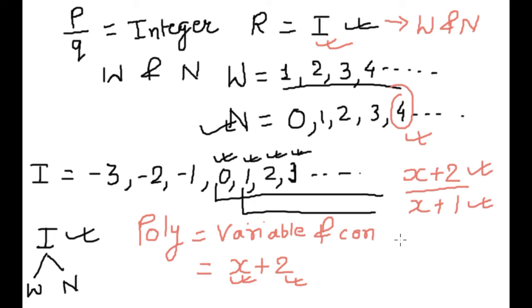If x is equal to 1, then it will be 1 plus 2 over 1 plus 1, which is equal to 3 by 2, and this is a rational number. 3 is integer and 2 is integer. So in this way, polynomial is also related with rational number.